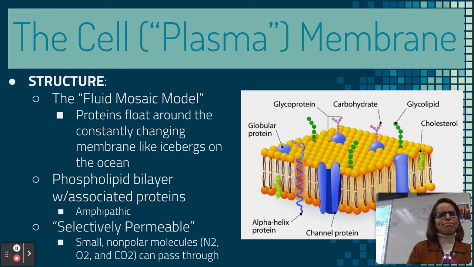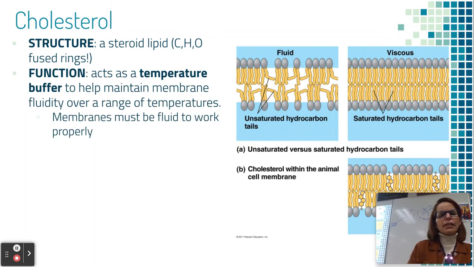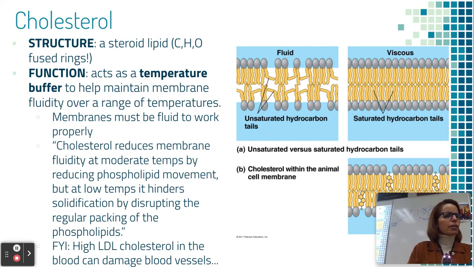Okay, I'm moving on. Here's that mention I said of cholesterol. I'm not going to go into a lot of detail, but just remember that cholesterol can be embedded within the phospholipid bilayer itself, and it can cause the membrane to be more fluid or less fluid depending on the temperature.